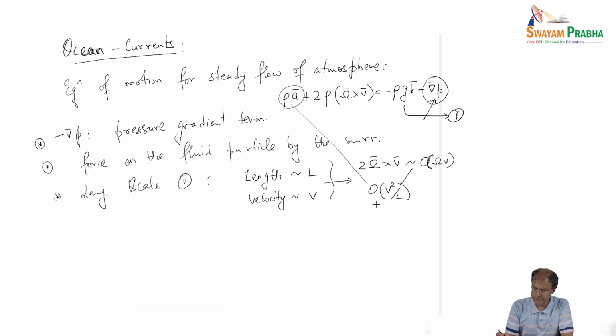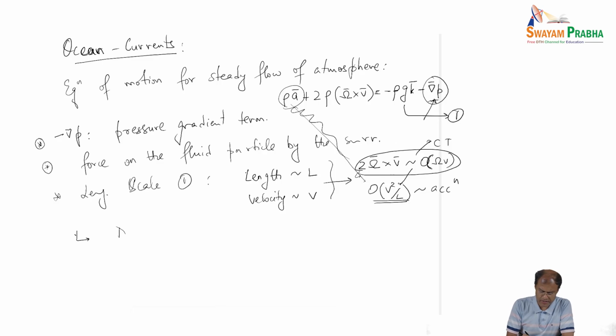So what we have is that this is the order of the Coriolis term, and in general the order of the acceleration term is V square by L, and it turns out that we can describe a dimensionless number based on the dimensions of these two quantities, which measures the order of the Coriolis force with respect to the other term.